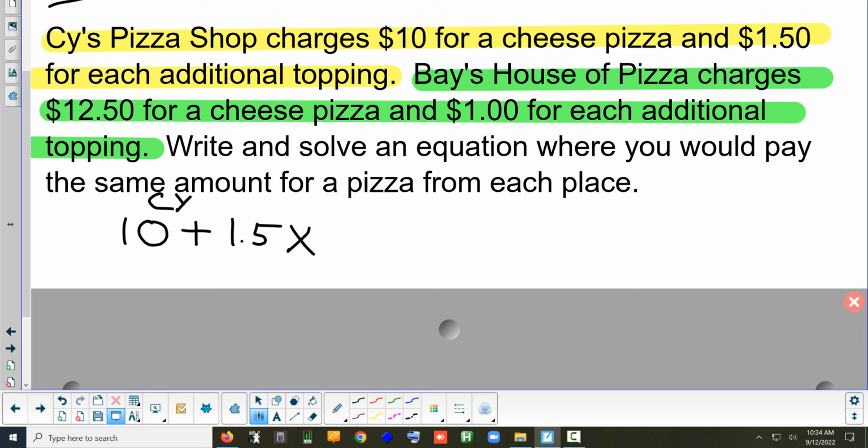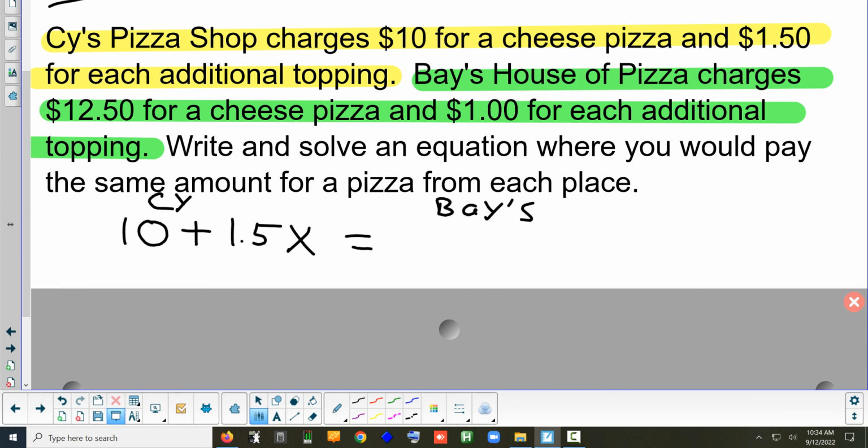If we get one topping, we pay $1.50 plus 10. If we get two toppings, that's going to be $3. So that's the cost from Size Pizza Place. Does anyone think they can give me the cost from Bay's based on what we did on the left? You have to put the price plus how much you pay per topping. Yep. $1.